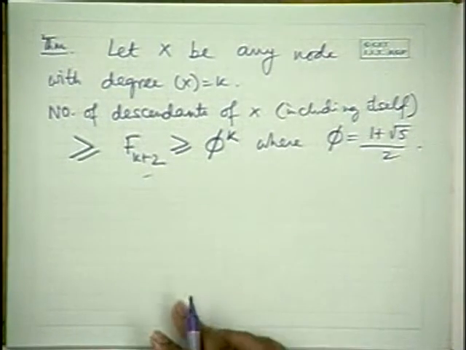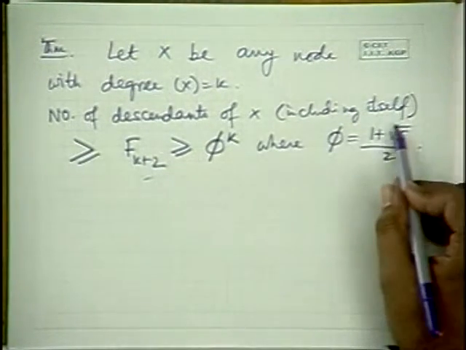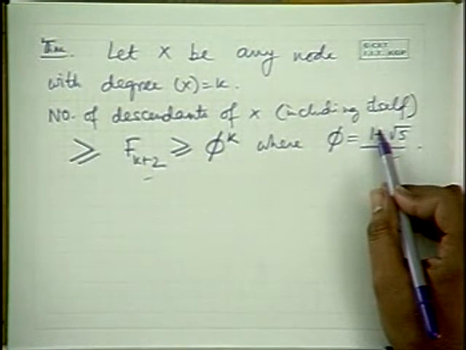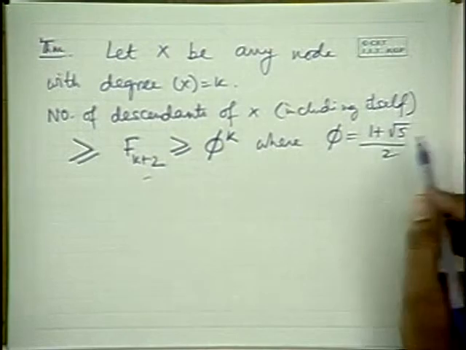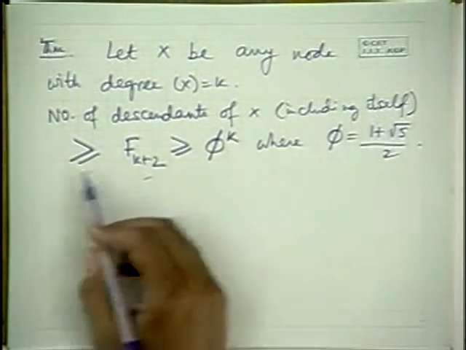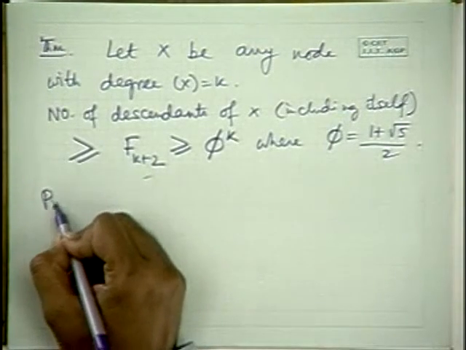Those of you who know the Fibonacci sequence, this should be very well known to you. This is the golden ratio, 1 plus root 5 over 2. It's not 3, something like 1 point something. Anyway, what is the proof?